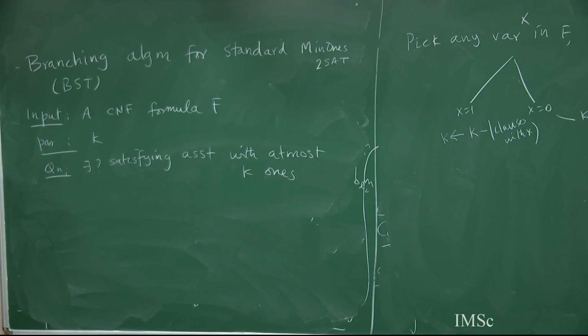Now let's think about how I come up with a branching algorithm. Notice that for every clause I want to satisfy it, because in the earlier formulation I wanted to satisfy at least k clauses, not necessarily all of them. But here I want to satisfy every clause, so that gives you a handle to branch. So what do I start with? Pick a clause.